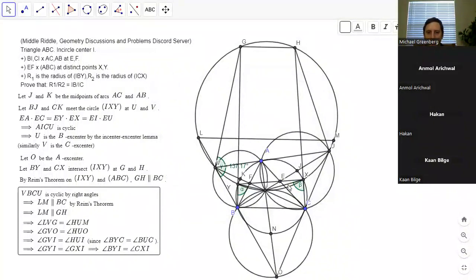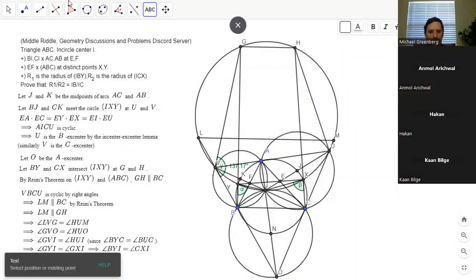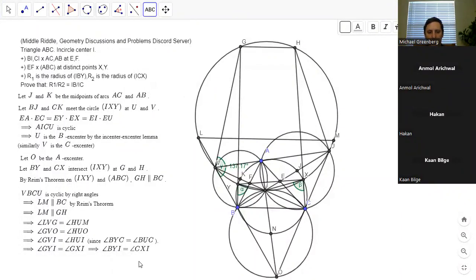And then that means that IBY and ICX, if we know this, then IB and IC intercept equal arcs of those two circles.